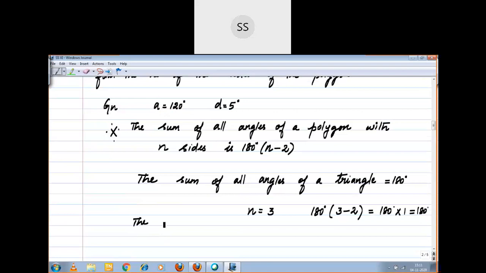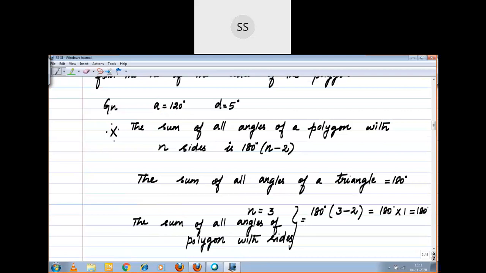The sum of all angles of a polygon with 3 sides equal to 180 degrees.